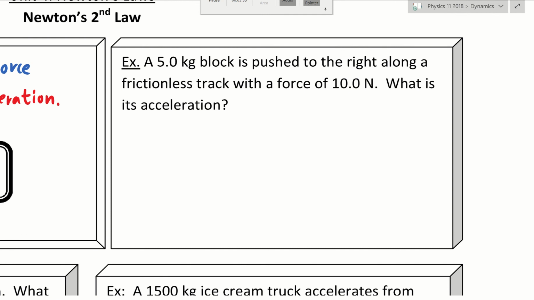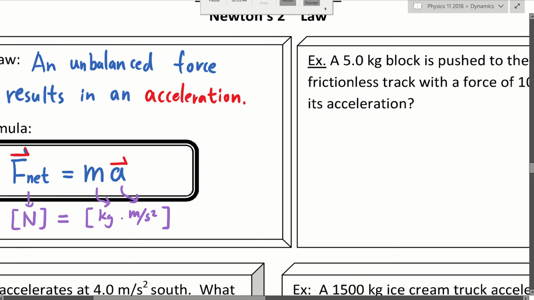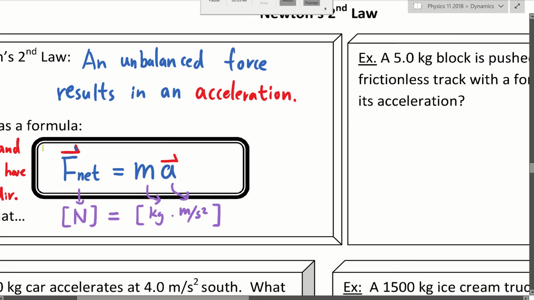You sometimes might have to subtract the forces to find who is actually left. Then you apply Newton's second law equation, F net equals ma, to find the acceleration of the object. Finally, after writing down the acceleration, please also write down the direction, which is the same direction as the remaining force, or whichever force wins.